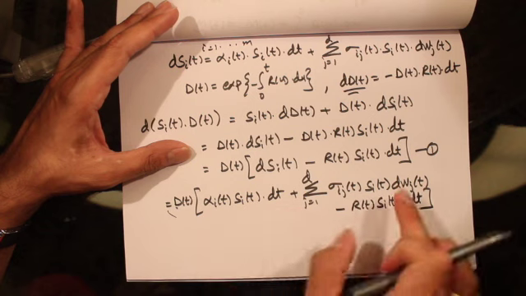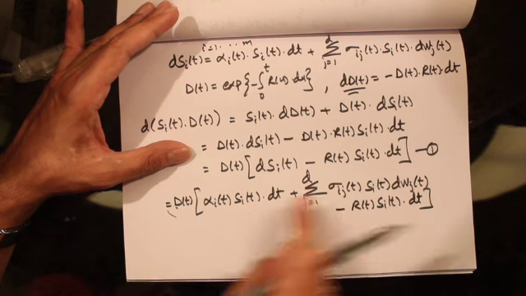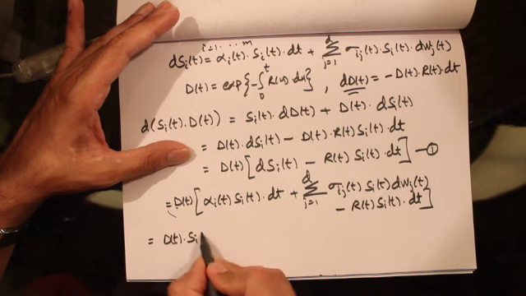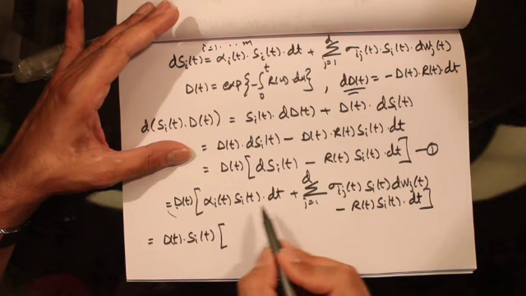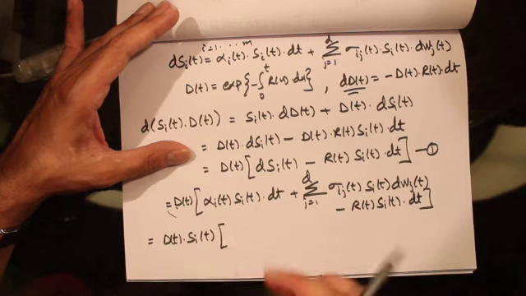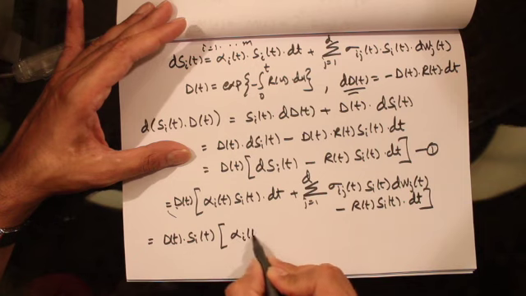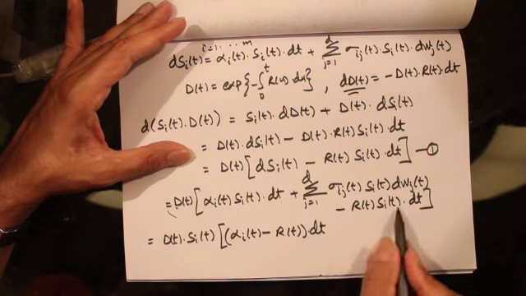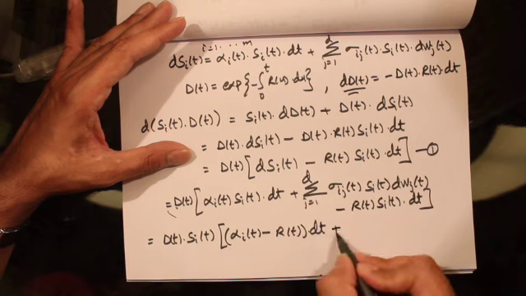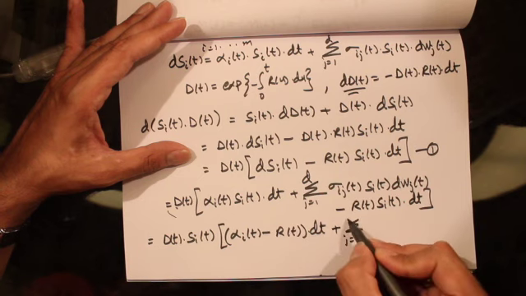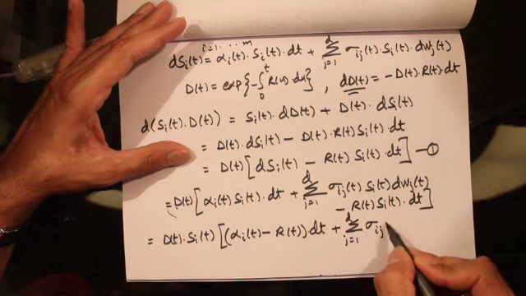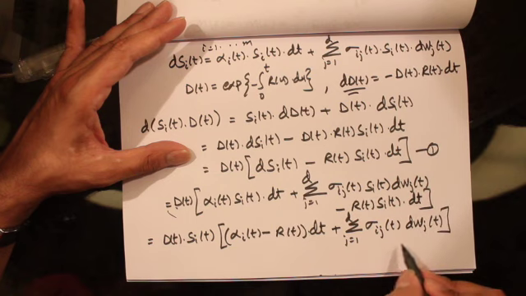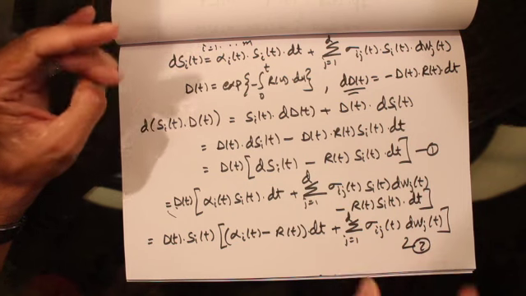Now here I see all three terms have S_i(t), so I can take that outside the bracket. So I'll get D(t) S_i(t), and inside the bracket I'm going to combine the dt terms together. So I'll get (alpha_i(t) minus R(t)) dt, because S_i(t) I've already taken out. And here I'm left with summation j equals 1 to d sigma_ij(t) dW_j(t), right? So let's remember this as equation 2.